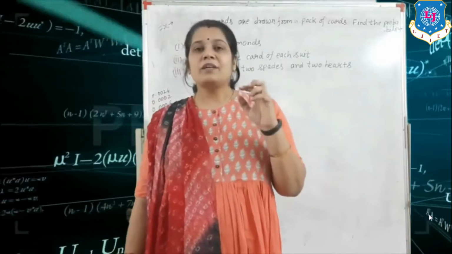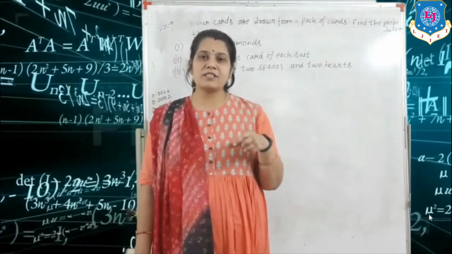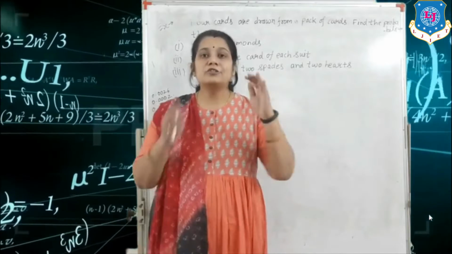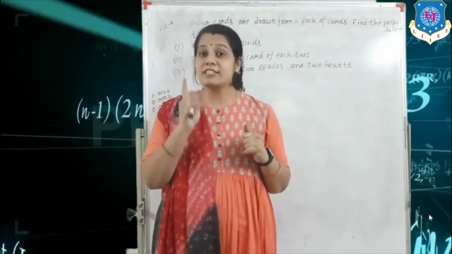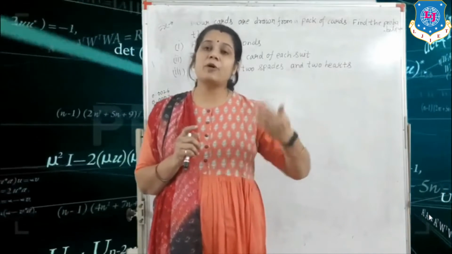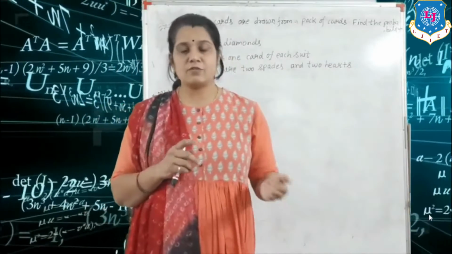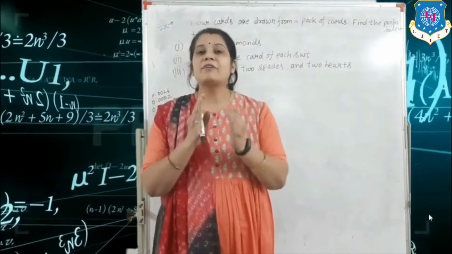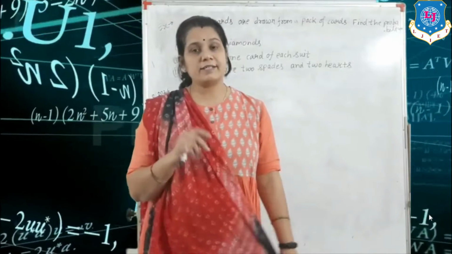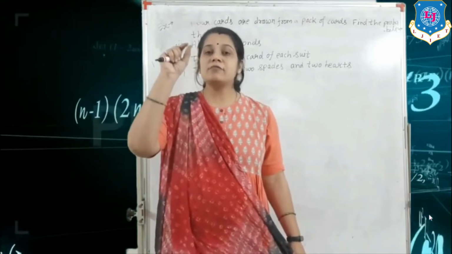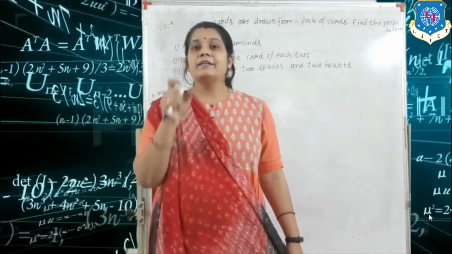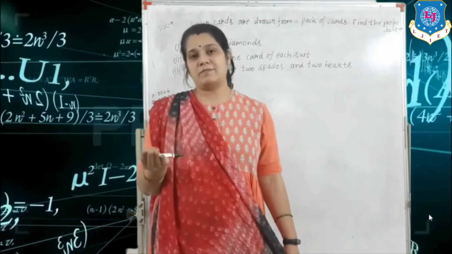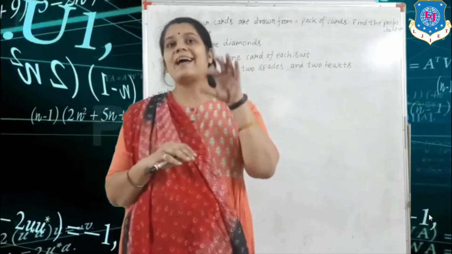So for the solution, first we find the total possible outcomes, because we have already seen in the first lecture the formula for finding the probability of any event: total favorable outcomes divided by total possible outcomes, or the total exhaustive events.